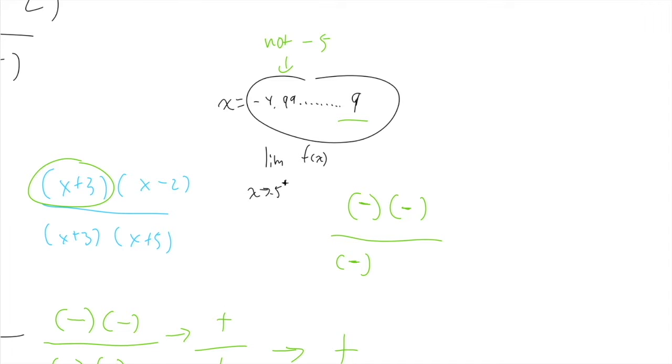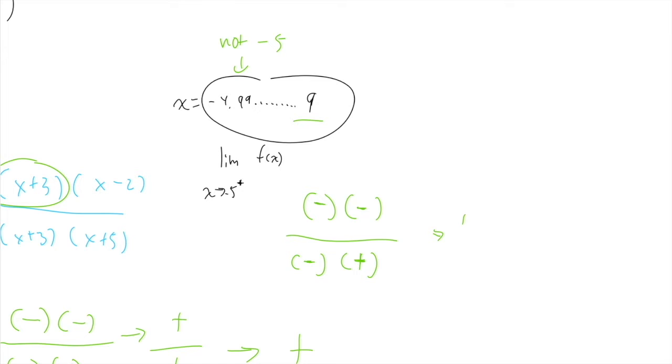So since it's not -5 and we're adding 5 to it, it has to be greater than 0 because it doesn't cancel it out and it's not greater than 5 in terms of absolute value. So -4.999 plus 5 is going to be a positive.